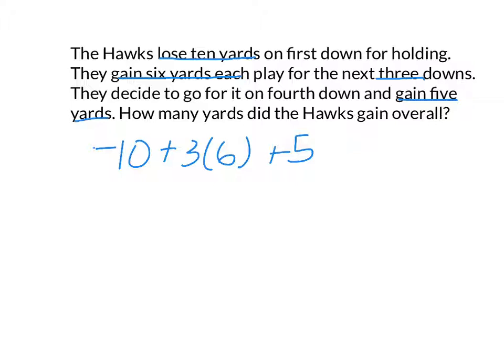Well, in our order of operations, what we have is 2 additions and a multiplication. So we start with the multiplication. That's 18. And now we have negative 10 plus 18 plus 5. And now we need to go from left to right. Negative 10 plus 18 is 8, plus 5.